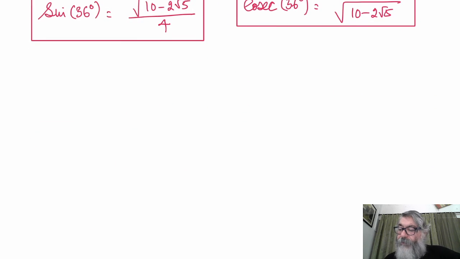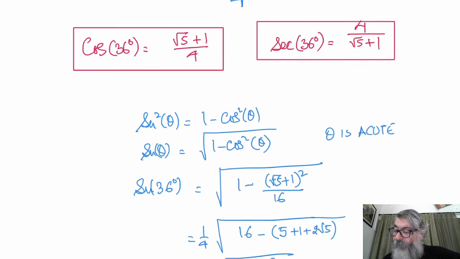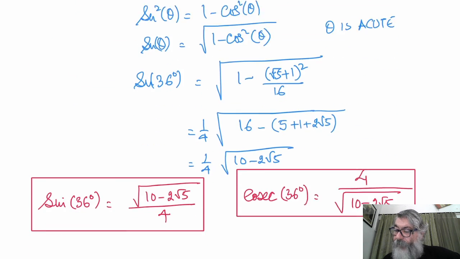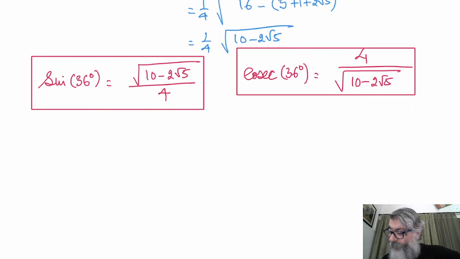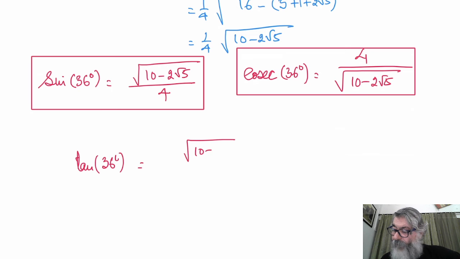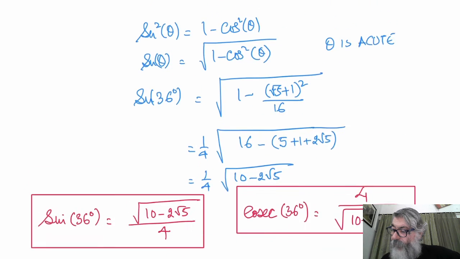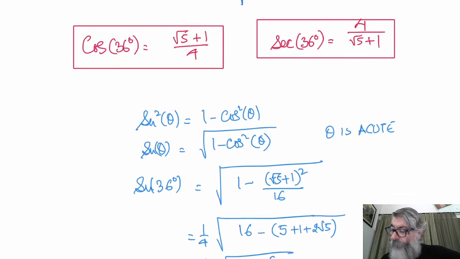Okay, we have got sin 36 and cos 36. Let's find out tan 36. Tan 36 will be sin 36, which is under root 10 minus 2 root 5, upon cos 36. That is, cos 36 is root 5 plus 1.